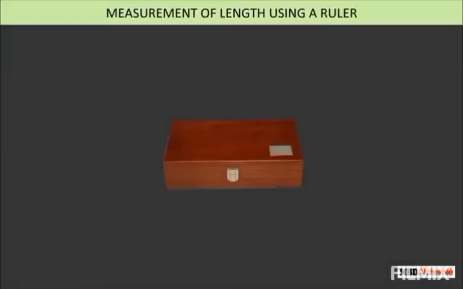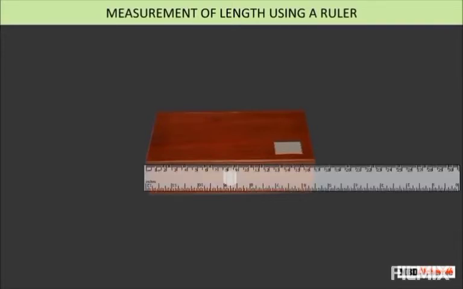So the scale is a standard unit for measuring length. It will not vary according to persons. Now let us measure the length of the box given in the figure by using a scale. When everyone measures the length, it will be the same for everyone.